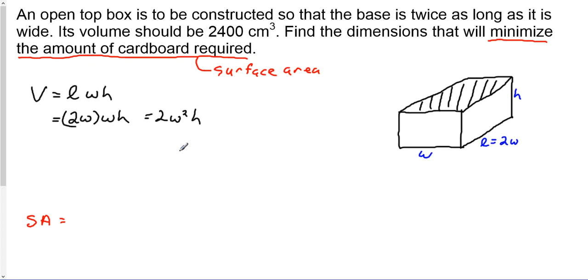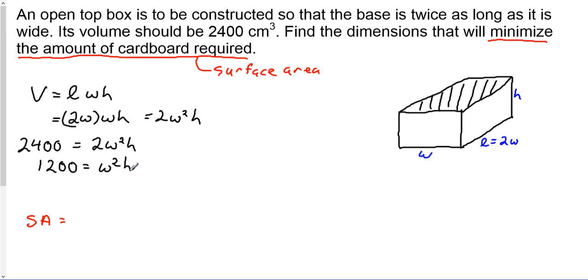Now we're given that the volume should be 2400 centimeters cubed. So we can set this equal to 2400 = 2w squared h. Okay, and if we want to simplify this a little bit, we can divide both sides by 2. 1200 is going to be w squared h. Okay, so that's one of the formulas that we're going to be working with.